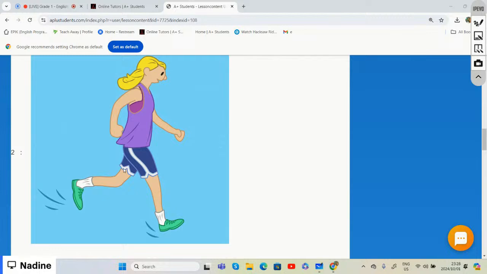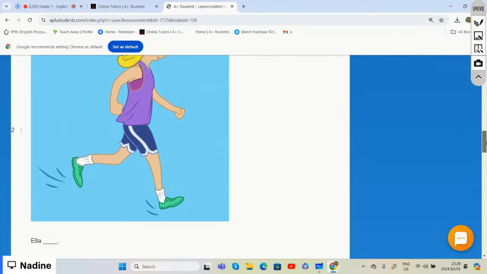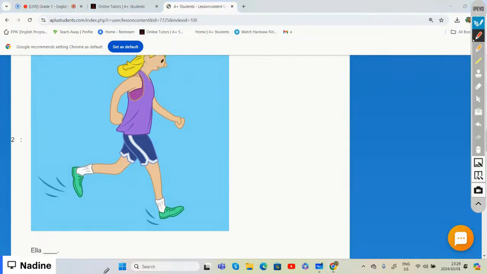And if we look at the picture, then we can say Ella runs. What is Ella doing? She runs, right? That is the action that Ella is doing, runs.